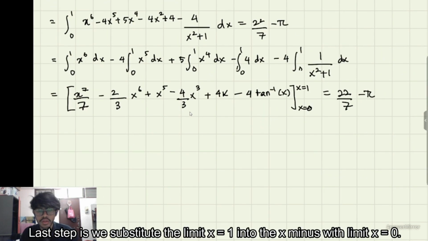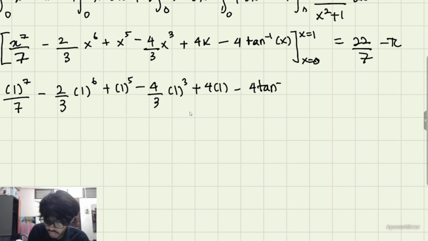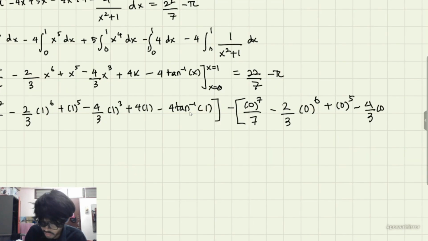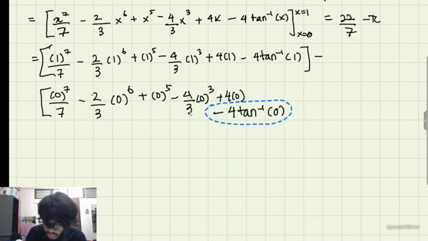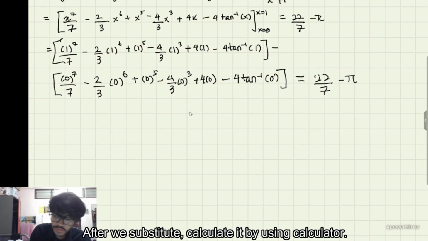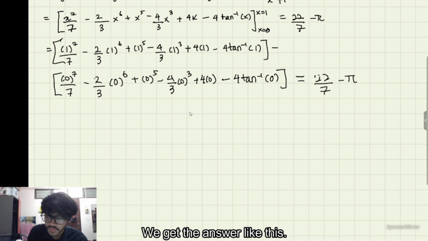And the last step is we substitute the limit x equal to 1 into the x and minus with the limit x equal to 0. After we substitute, we calculate it by using calculator and we get the answer like this.